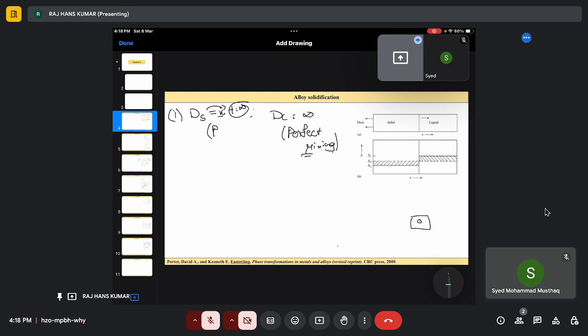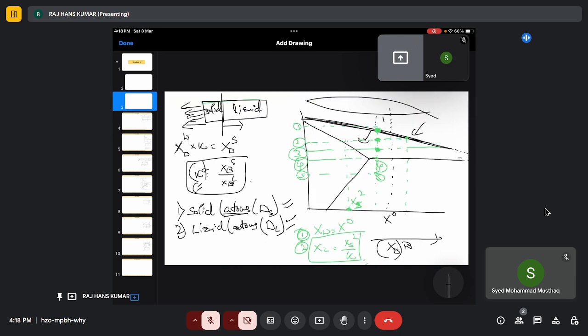Now, coming back to this, we are giving equilibrium solidification. That means we are giving enough amount of time to total dissolution. Right? So at point one, we had XL as a liquid. Right?